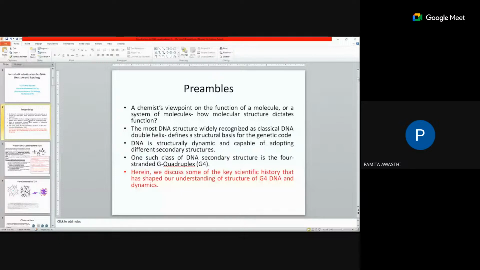DNA is structurally dynamic and capable of adopting different secondary structures. One such class of DNA secondary structure is the four-stranded G quadruplexes, which have the tetrad as one of the units. In this lecture, we are going to discuss some of the key scientific history that has shaped our understanding of the structure of G4 DNA and its dynamics.